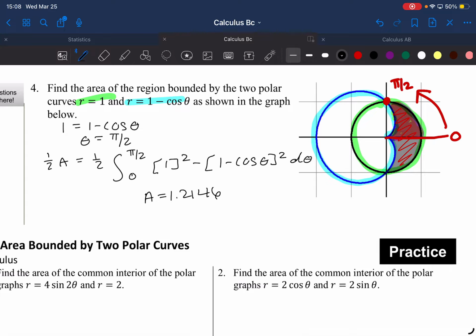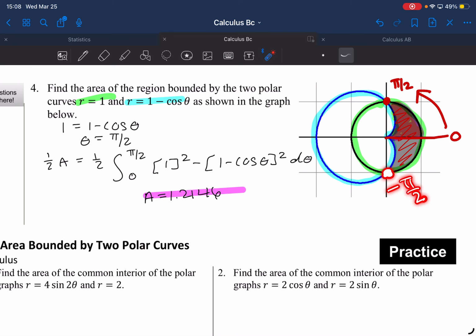Okay. So one other thing I want to add, that ends the notes, but one other thing I want to add is, let's say we forgot about that property of symmetry. Okay, and let's say we looked at this entire function here. Okay, that means we would have this bound, which is what? Negative pi halves.